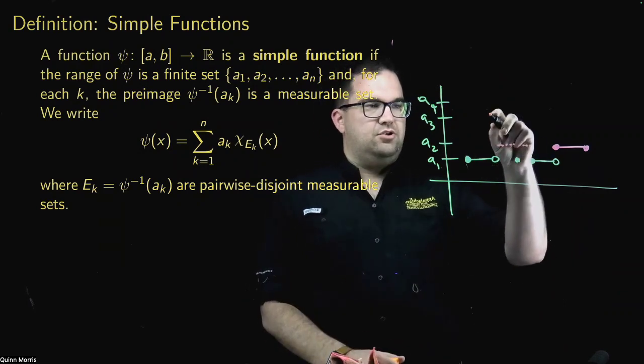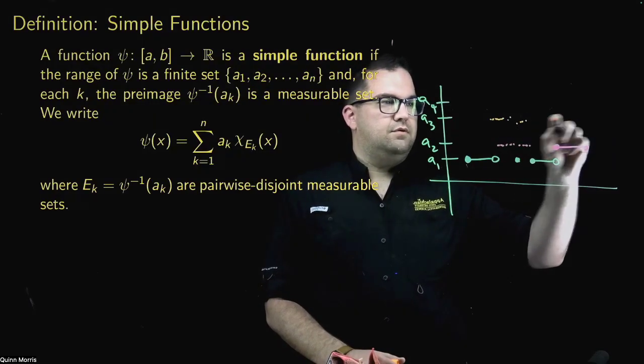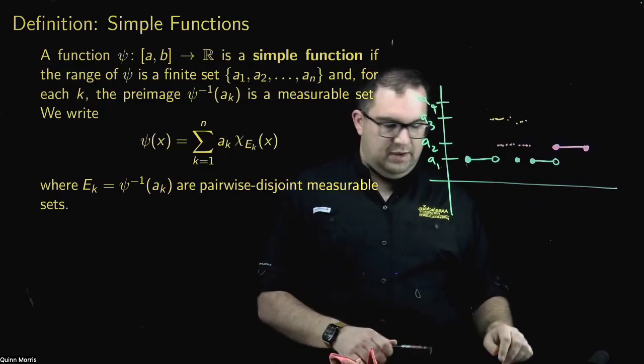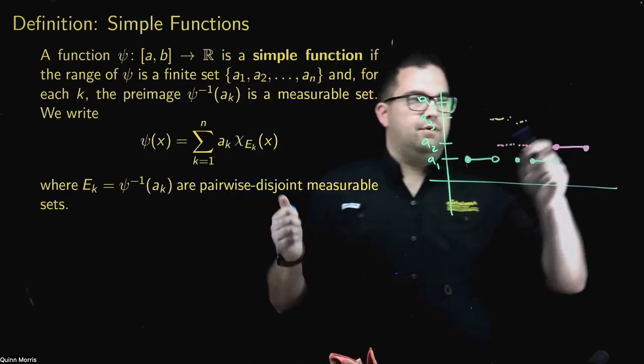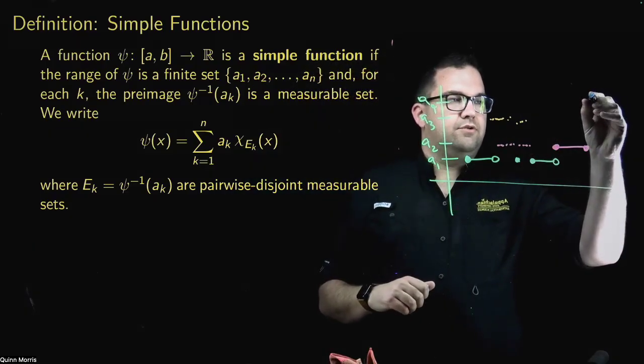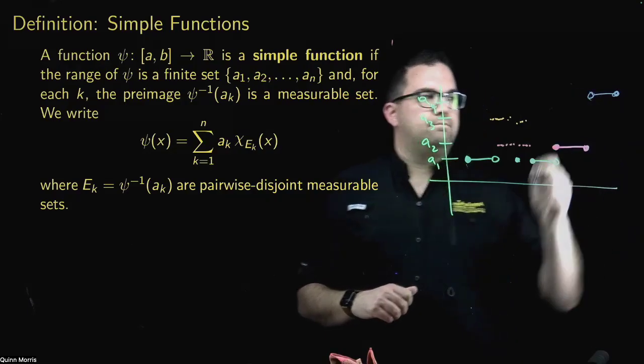And again, you can continue doing this. So this could take some of the other values here, and then maybe that's all that happens at a3, and then at a4, I don't know what happens. Maybe we just get a single interval here. I guess I need to make that open.